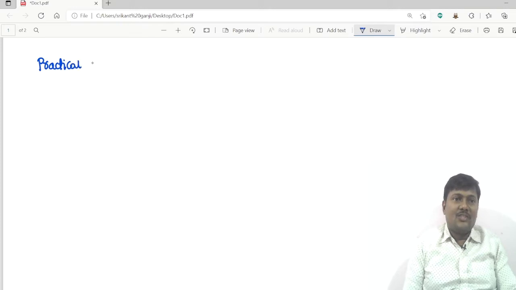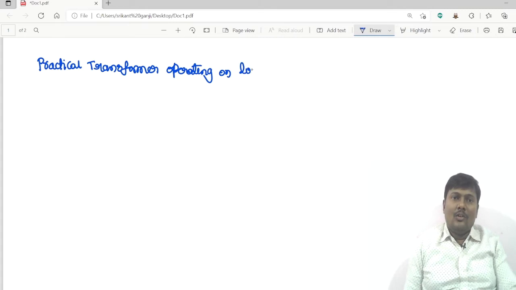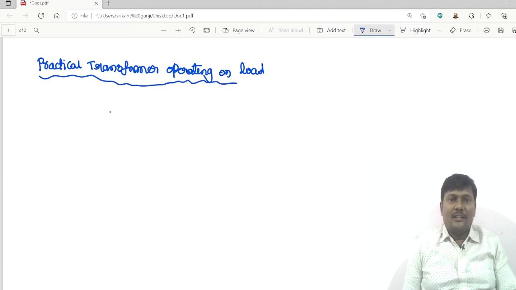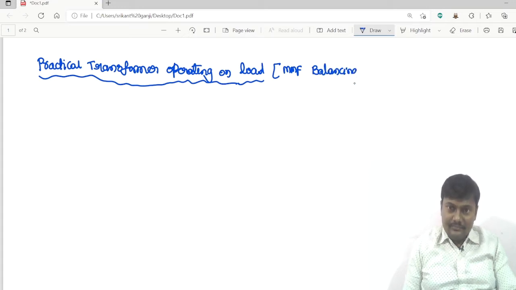In examinations, they will ask: explain the operation of a practical transformer operating under load condition, and this is also called MMF balancing on load.